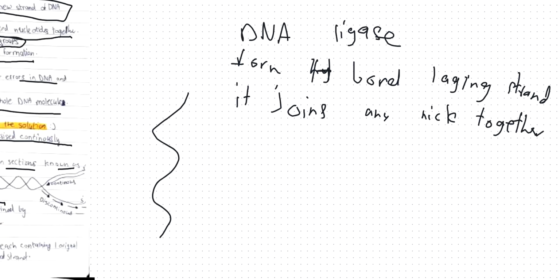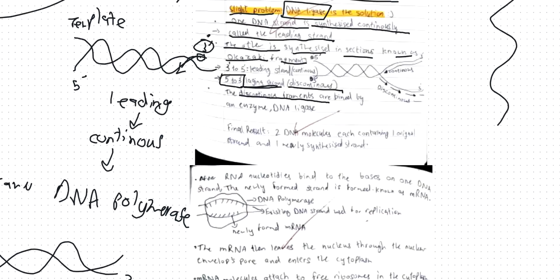So DNA ligase is continuously forming the hydrogen bonds in the lagging strand. So remember, DNA ligase is very important for the lagging strand because it will form hydrogen bonds in that strand.